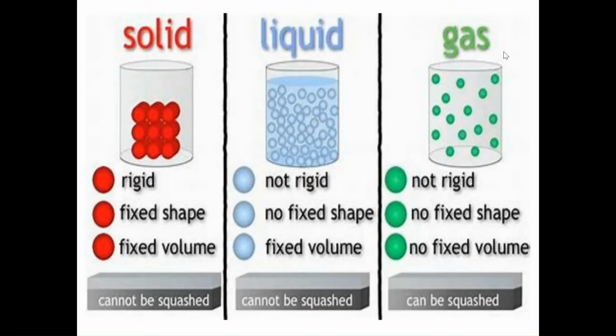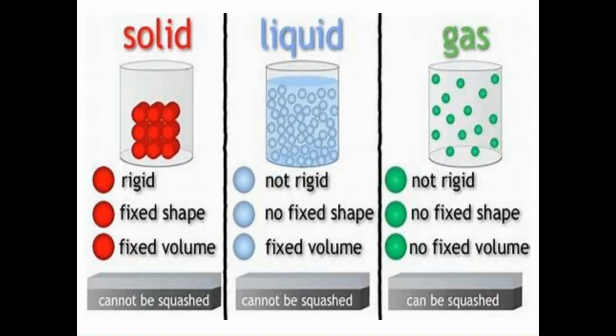And finally, you have these little rascals. You have gases, which are not rigid at all because they are also able to move around freely and they have no fixed shape. They mold themselves to whatever container they're in, but they also don't have a fixed volume, because they are able to go in all different directions.